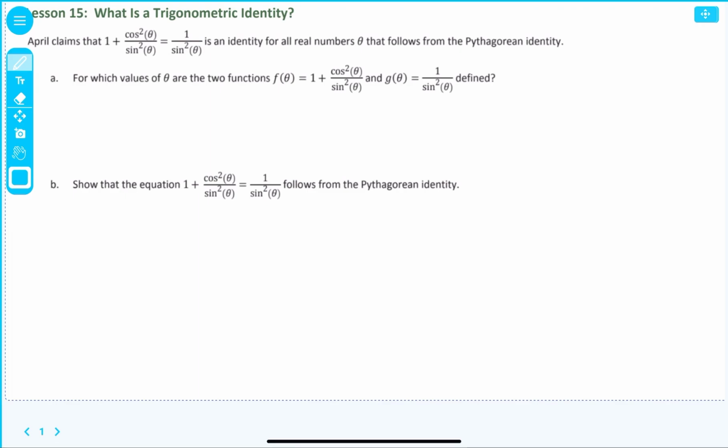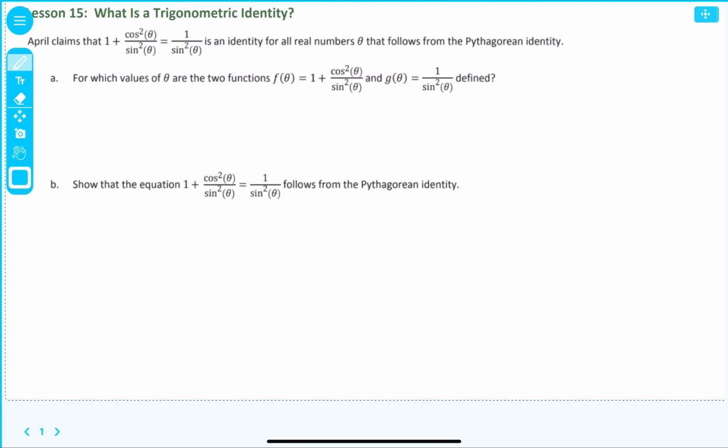So A says, for which values of theta are the two functions, f of theta and g of theta, defined? What does it mean? When would they not be defined? Think of your extraneous solutions.